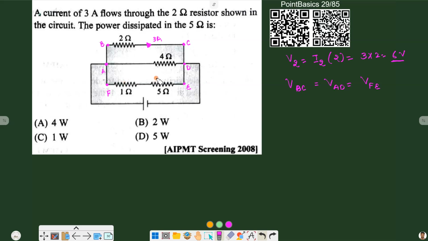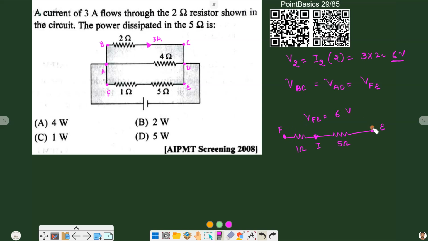Now let us consider F and E individually, this FE line only. Here we have a 1 ohm resistance, and here we have a 5 ohm resistance. This is the F point, this is the E point, and we know VFE is equal to 6 volts. Suppose a current I is flowing through this part of the circuit.